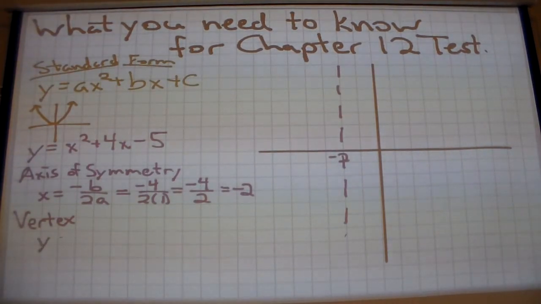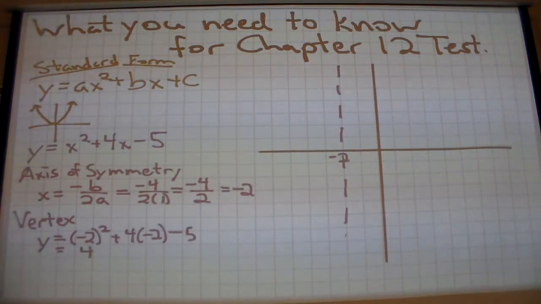So it's y equals negative 2 squared plus 4 times negative 2 minus 5. That's 4 minus 8 minus 5. What does that look like to you guys? Negative 9. Okay.